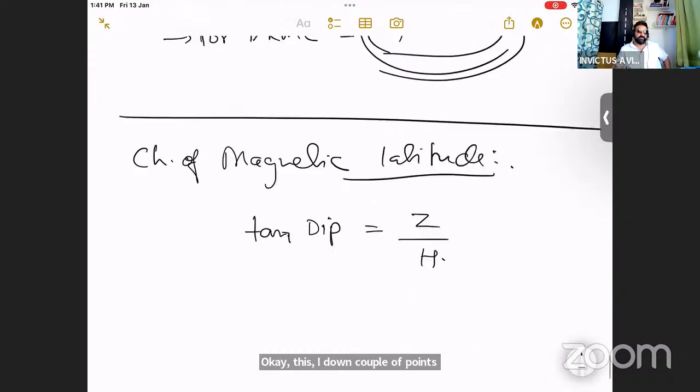The changes in deviation due to change of magnetic latitude is considered firstly with hard iron and then secondly with soft iron. That is vertical soft iron. Changes in deviation due to change in magnetic latitude is firstly considered with respect to hard iron magnetism and then secondly with respect to vertical soft iron magnetism.